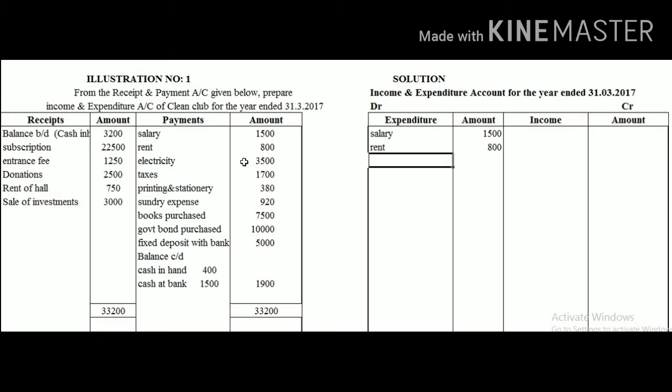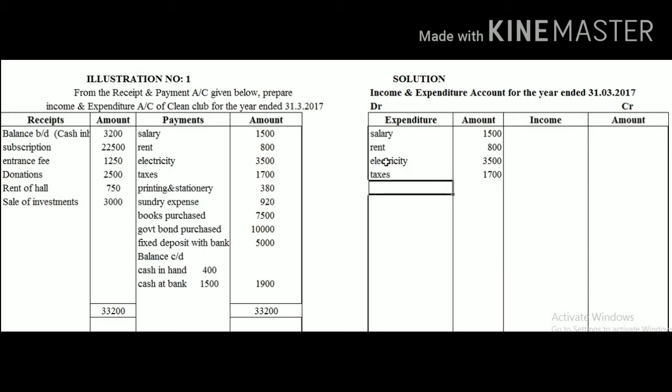So that it's also a revenue expenditure. What is the amount of electricity? 3,500. And the next item is tax paid. Tax is also revenue expenditure, and the amount of tax is 1,700.